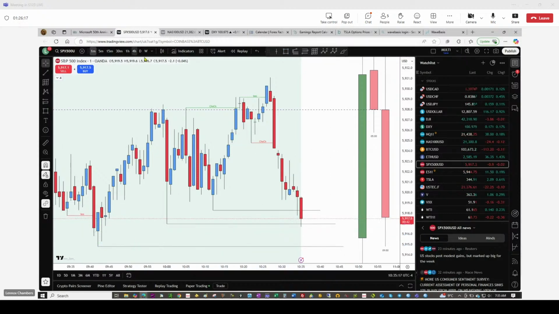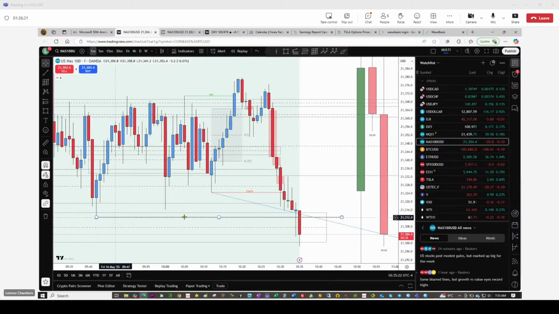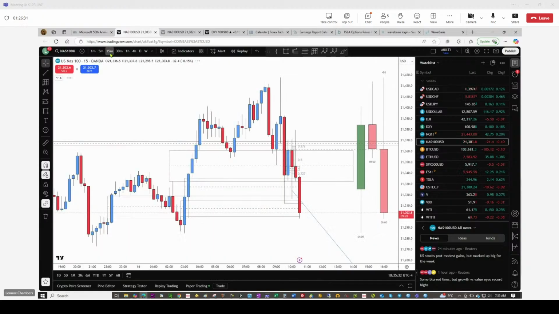Okay, so on the NAS, all of them have been taken now. But where are they going to? On the 5-minute, 15-minute, we're right into that last gap here.